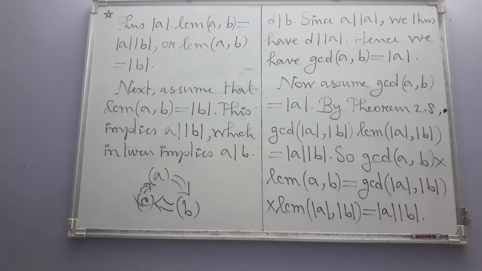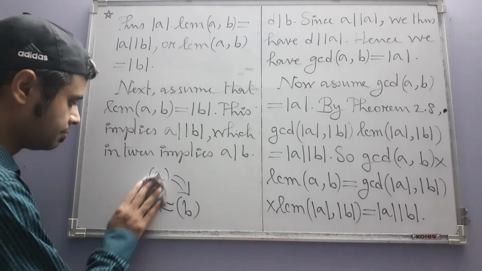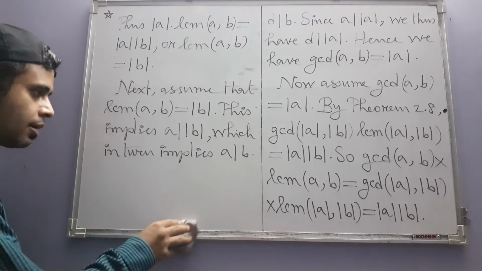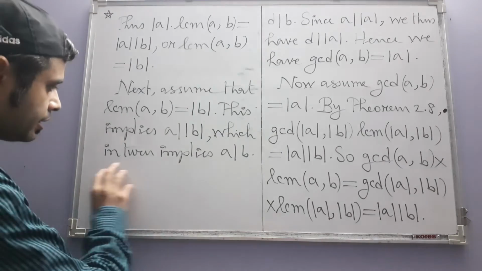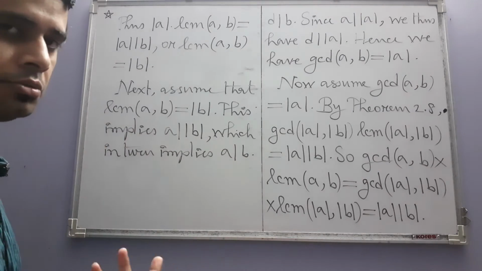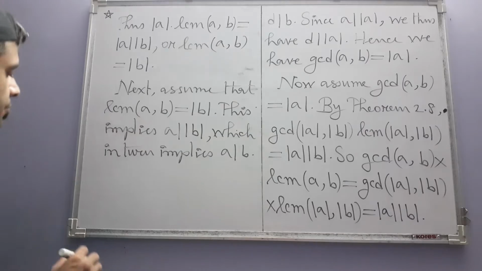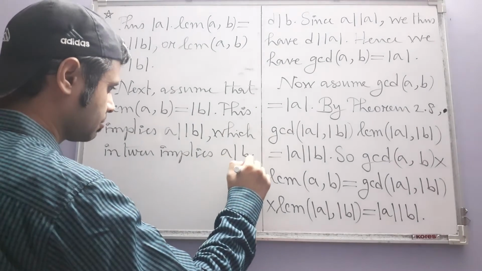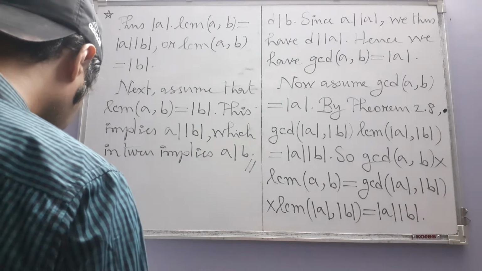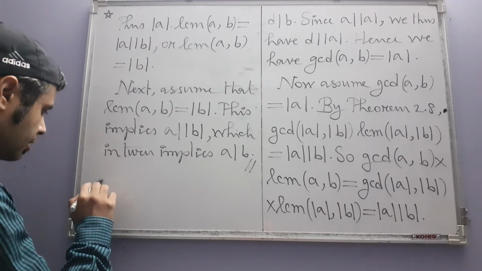And that's how the solution is over. You can in fact write a final concluding line or remark that hence all the three conditions are equivalent to one another. That you can just simply write. So we stop it here itself. Next.